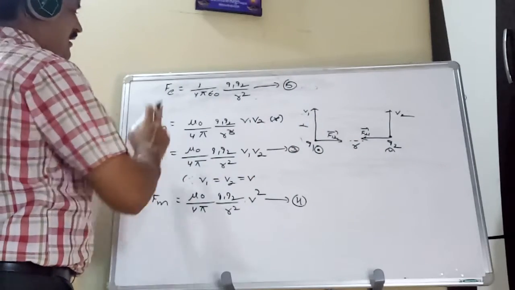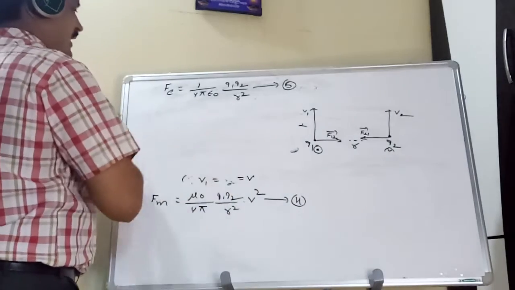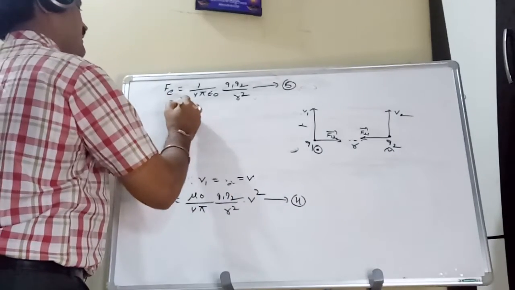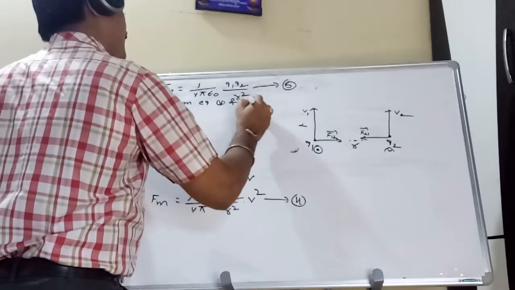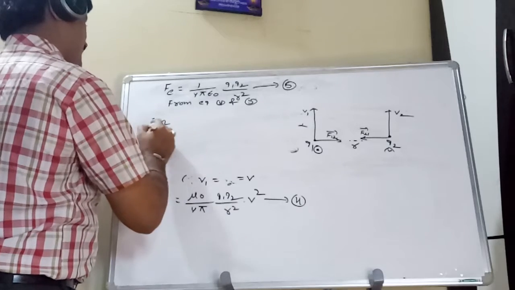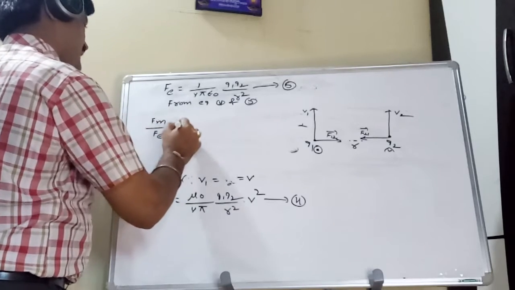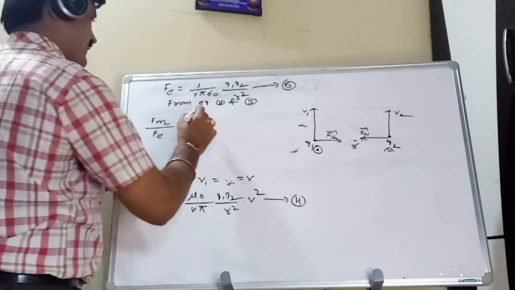From equations 4 and 5, taking Fm by Fe, Fm is equal to mu naught by 4 pi, Q1 Q2 by R square, into V square.